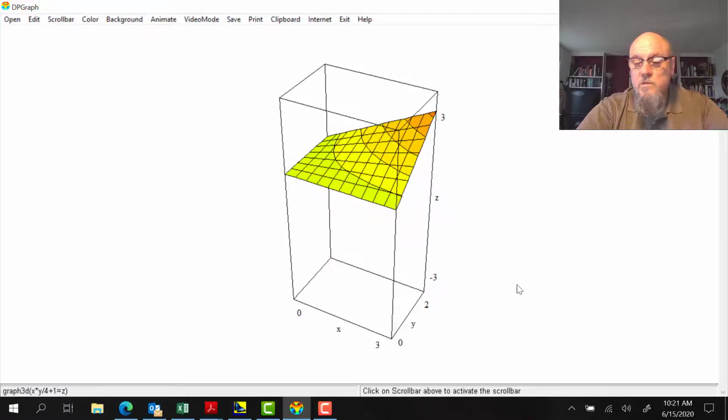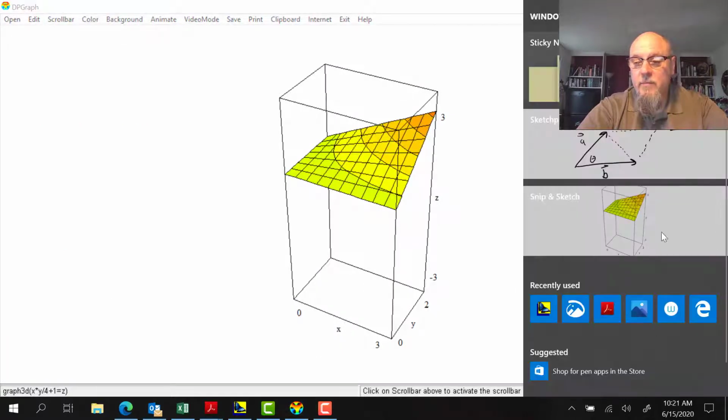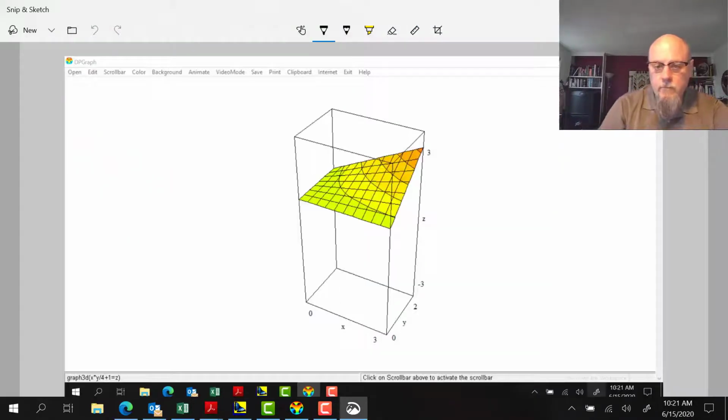So let's see, we'll take a clip of this and we can draw on it. So left bottom. So we're evaluating at this corner for this rectangle, this rectangular prism.